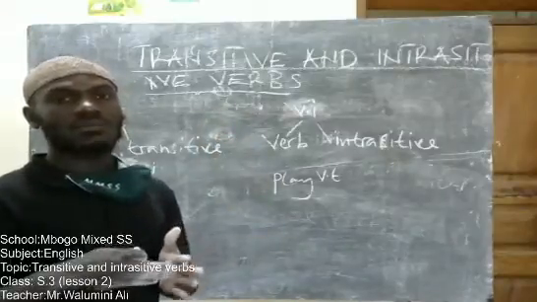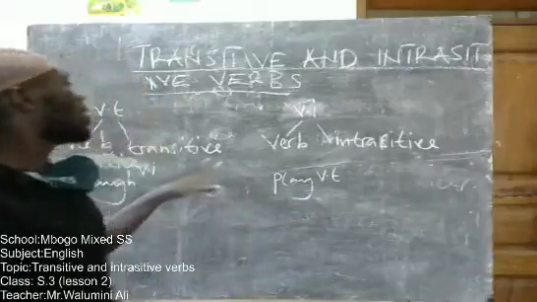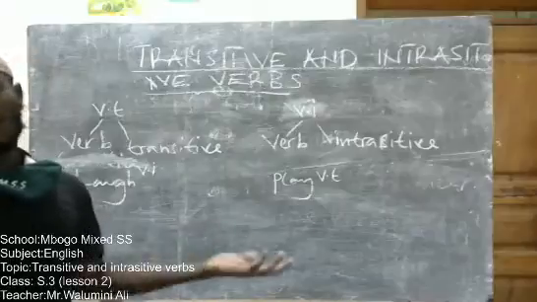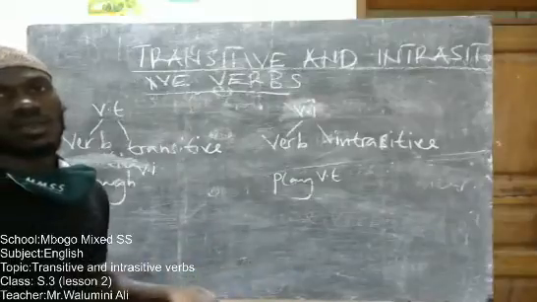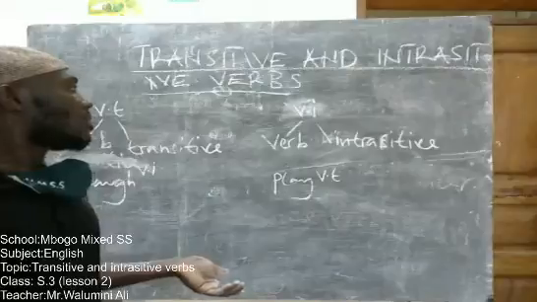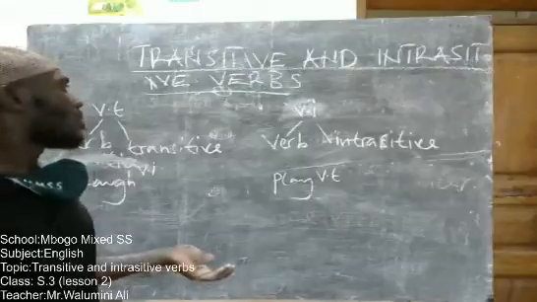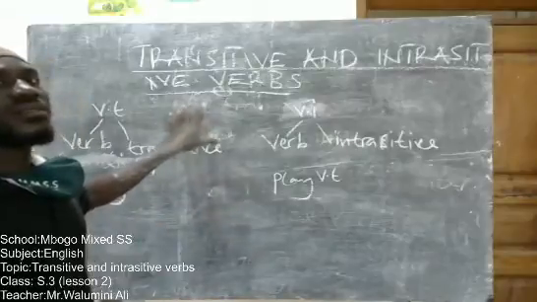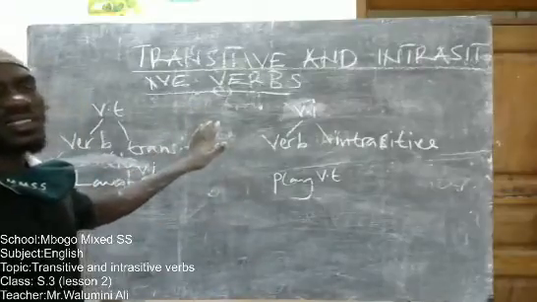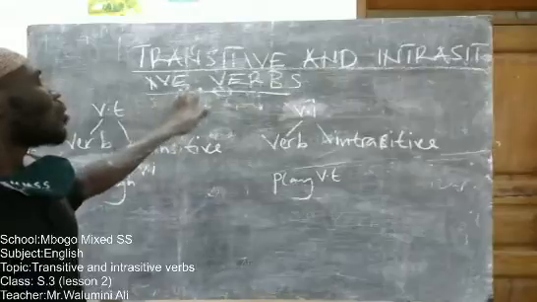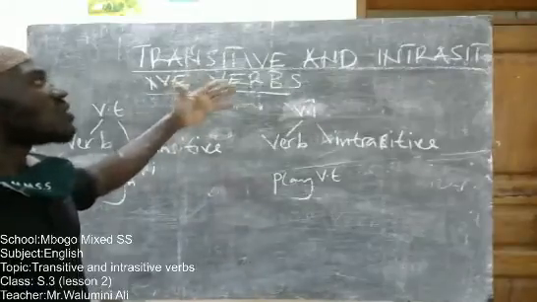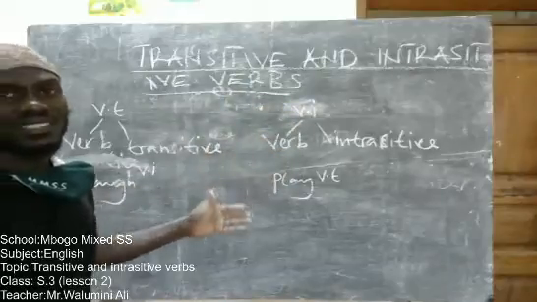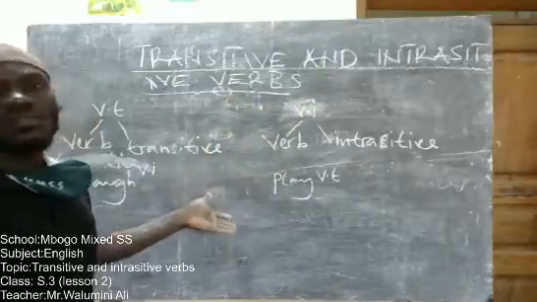Please remember that I've given you a task. Go to your dictionary. If you don't have one, you can borrow from a neighbor or your friend. But I know you have one. Senior 3 student, you know you have one. Use that dictionary. Get at least 5 verbs that belong to transitive, and then 5 intransitive verbs, and write sentences using those verbs.